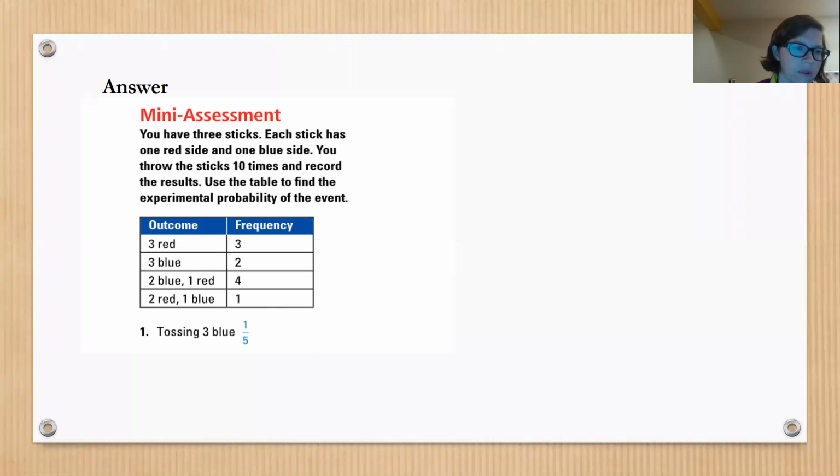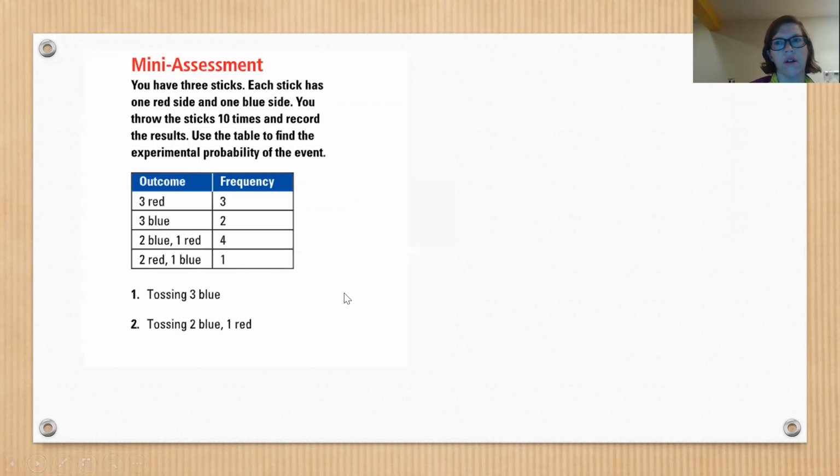And so let's try a second problem. We're using the same chart, the same experiment. So this is the same table. This time we are finding the experimental probability of the event of tossing 2 blue and 1 red.